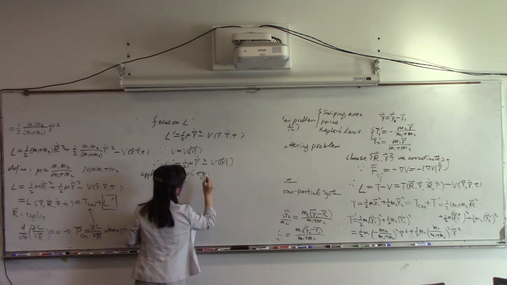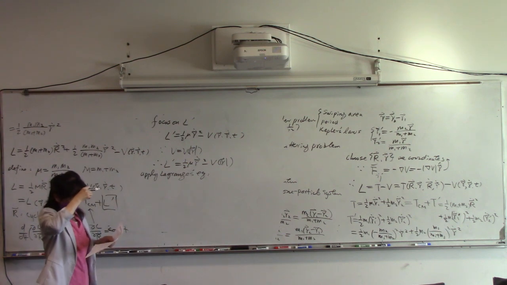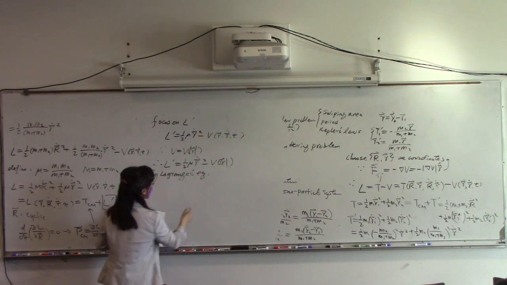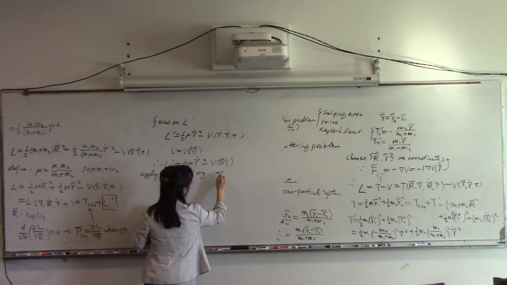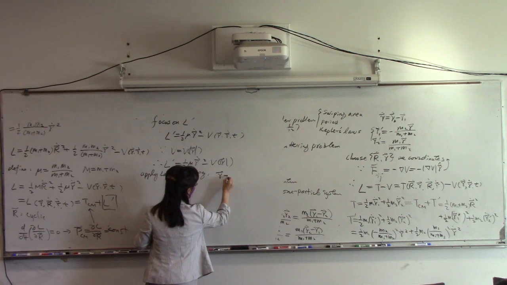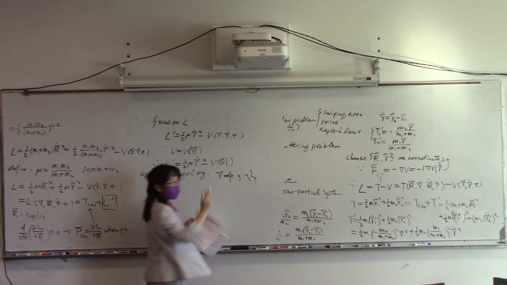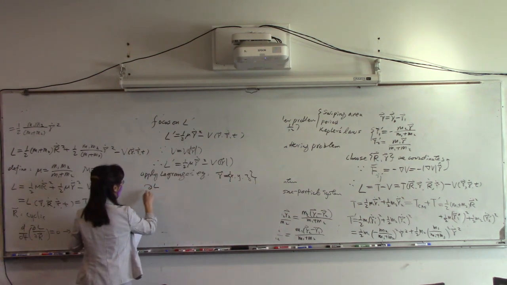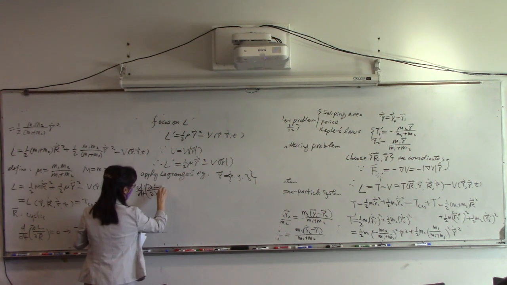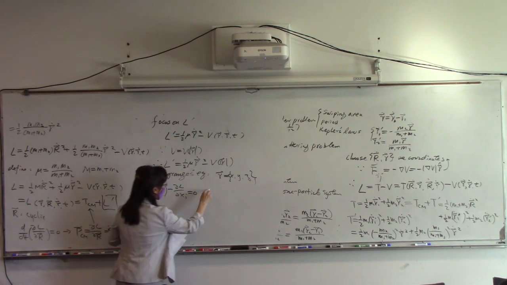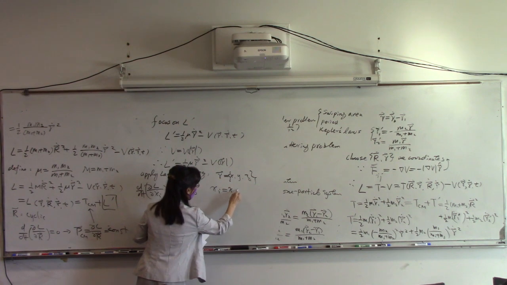Here this is the only variable. If you select x, y, z as the three general coordinates, then d/dt of partial L over partial xi dot, minus partial L over partial xi, equals 0, where xi is either x or y or z.